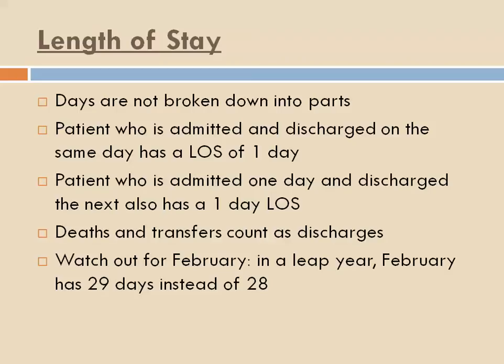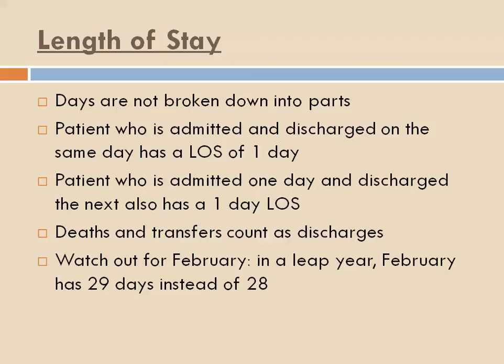So even though their stay could have been 2 hours, their length of stay will be equal to 1 day. A patient who is admitted 1 day and discharged the next also has a 1 day length of stay. So if they're admitted and discharged the same day or admitted 1 day and discharged the next, they will have a 1 day length of stay.